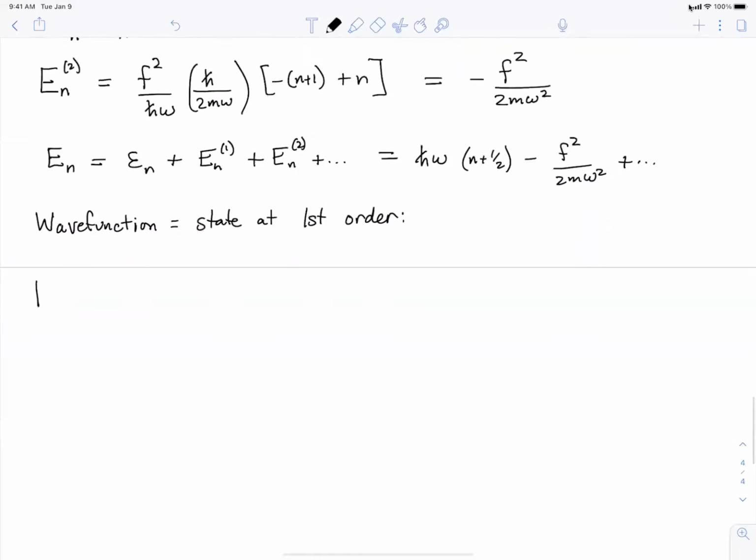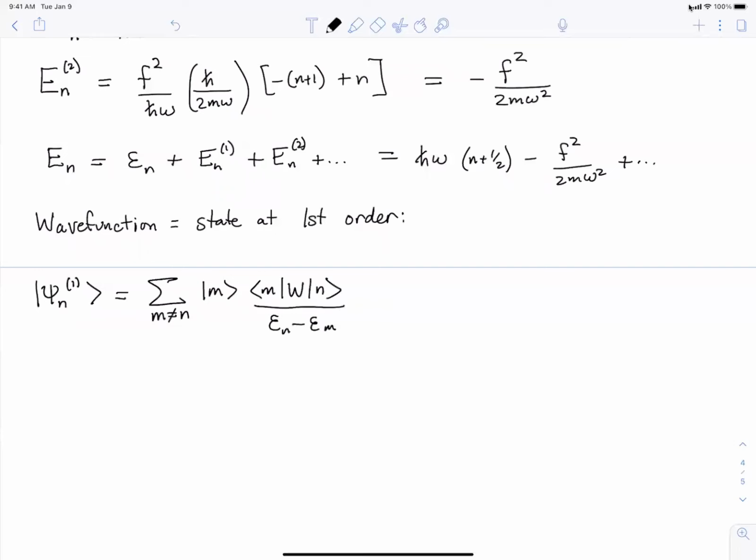So we're going to plug into our formula: psi n1 is equal to the sum over m not equal to n of |m><m|W|n> over curly E n minus curly E m. But again, we're going to use the fact that this is only non-zero if m differs from n by exactly 1 unit. And so this is minus f, that was multiplying the W.